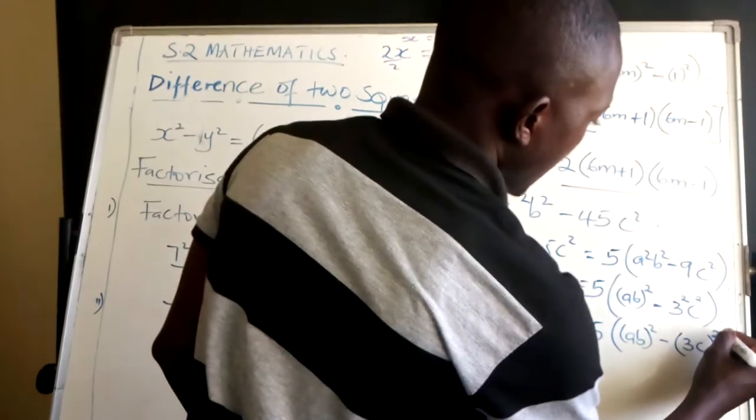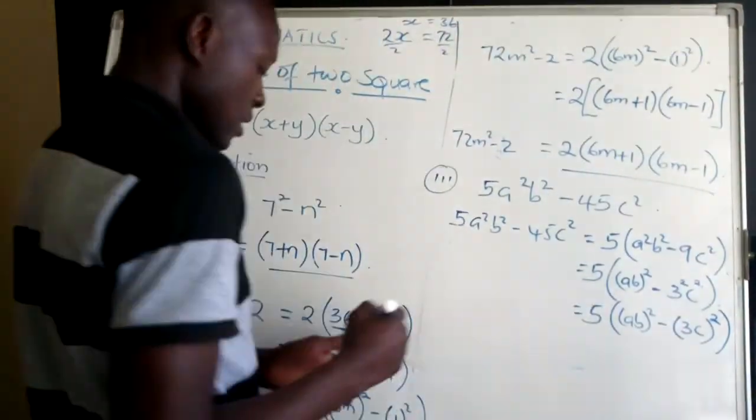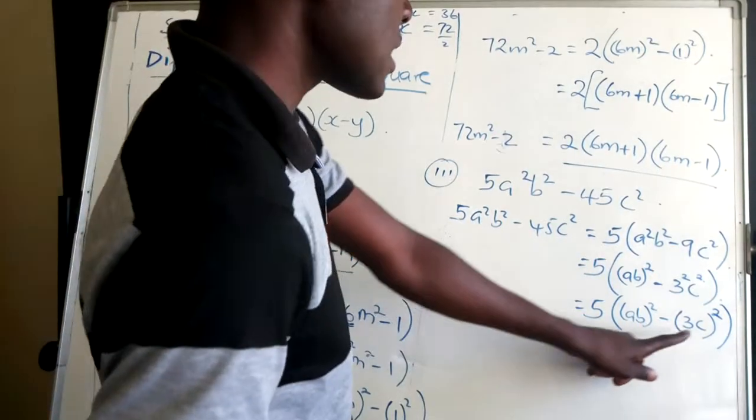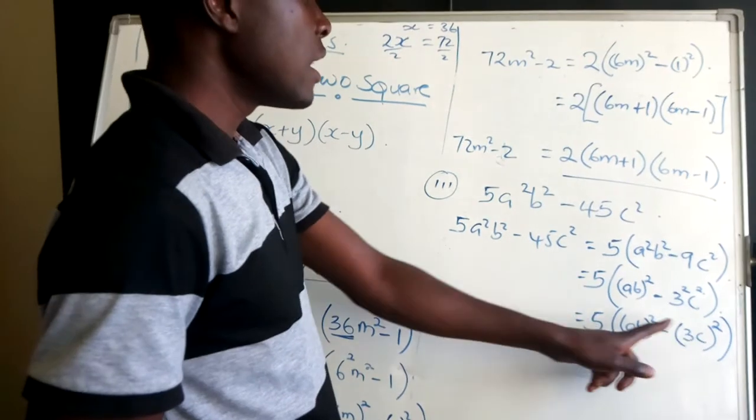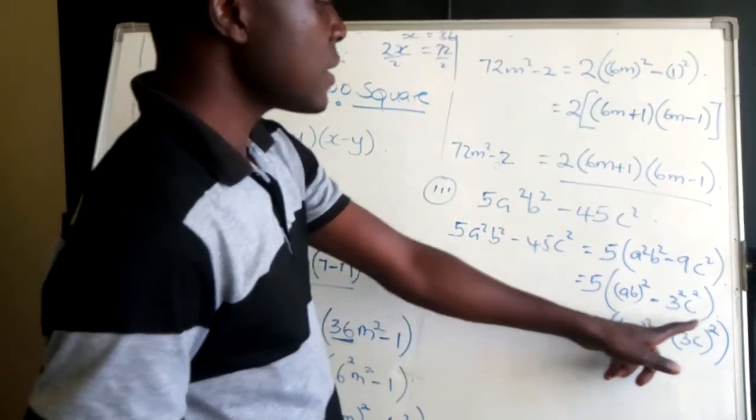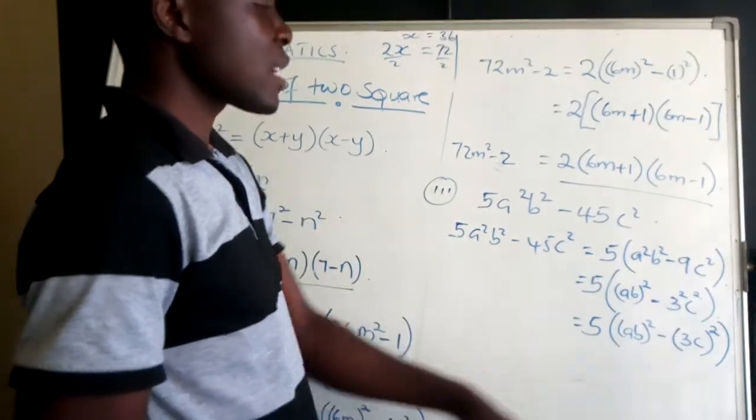I put the square up and close the brackets. So I'll see that inside the brackets here, I have two numbers, each one of them being squared, and the sign in the middle is subtraction.